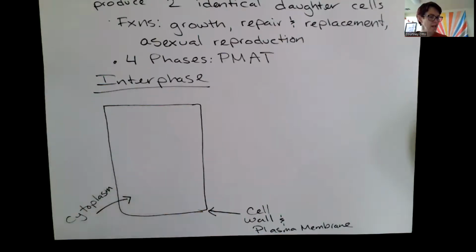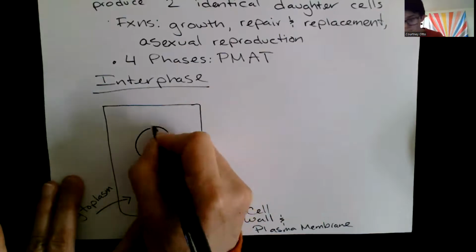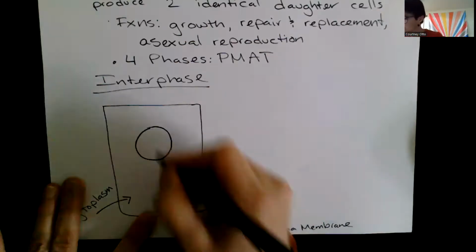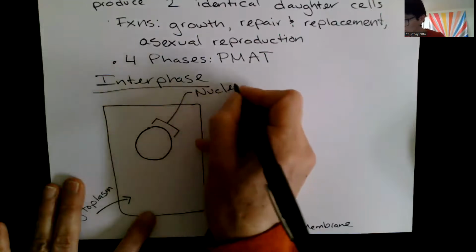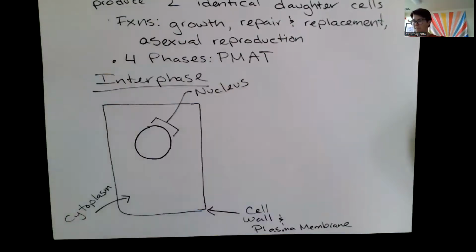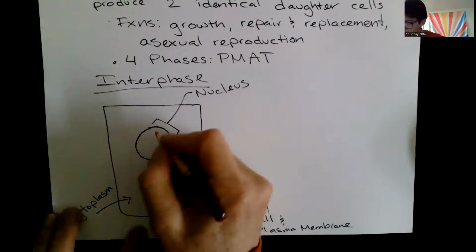And how we actually identify a cell that's in interphase is we're going to see that it's going to have a well-developed nucleus. So I'm going to draw my nucleus over here. My DNA is going to be isolated from the cytoplasm by that nuclear envelope, that edge on the outside.